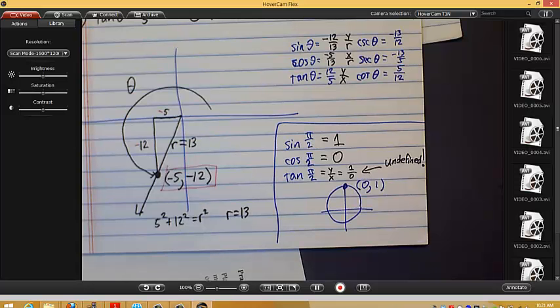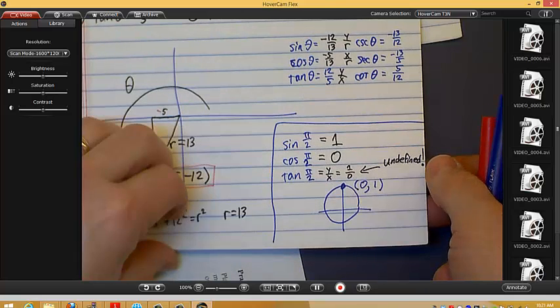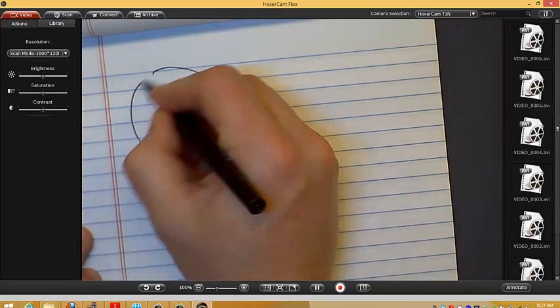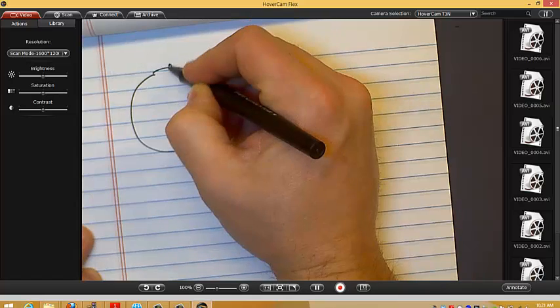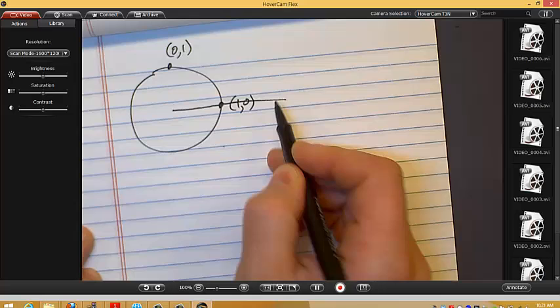And again, you know what I'm going to draw. I'm going to draw a unit circle. So let's do that. If we have a unit circle, it goes through 1, 0, and it goes through 0, 1. And here's my initial side that goes through 1, 0.